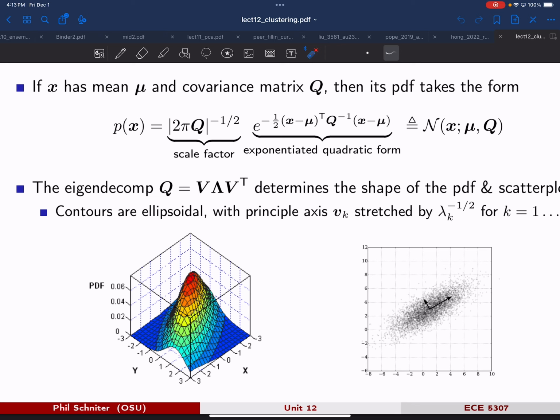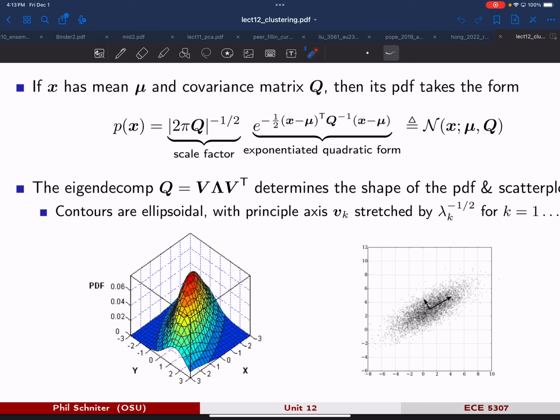If you want to know exactly how it's stretched, you look at the eigen decomposition of that covariance matrix, similar to what we talked about last time. It turns out that, number one, the contours of this PDF are ellipses.